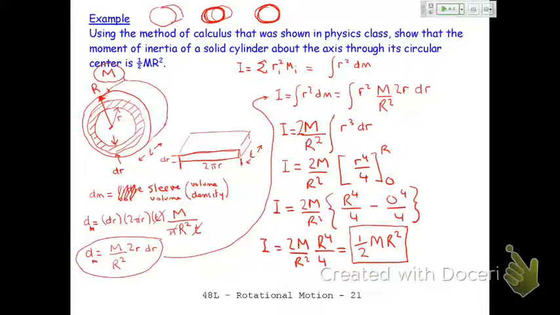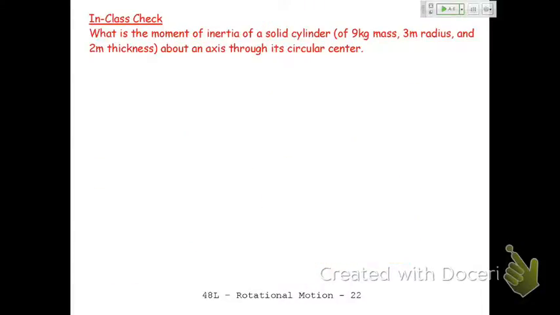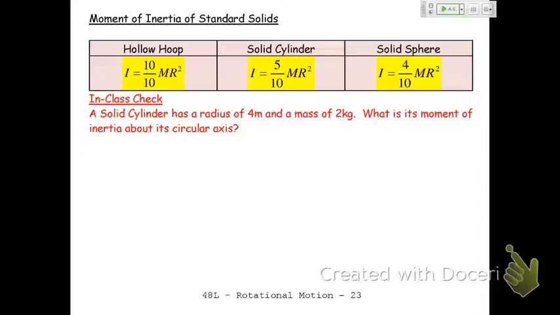The solid cylinder is 1/2 m r squared. The hollow hoop is m r squared, and the solid sphere is 2/5 m r squared. We just derived this one. I suppose we could derive the others, but it's more complicated, and I'm happy with this. Expect that to be on the test.